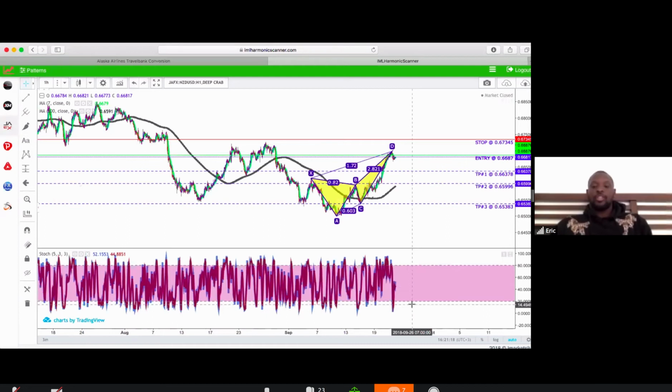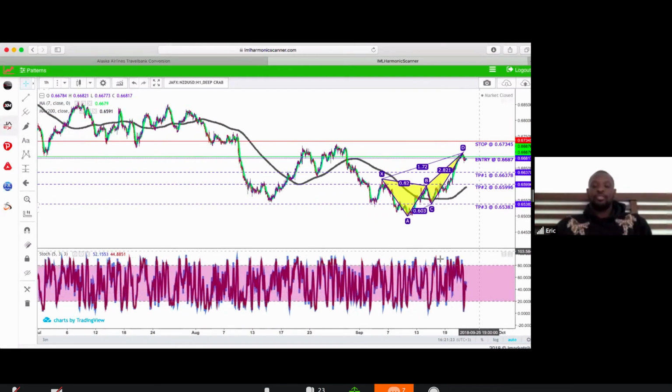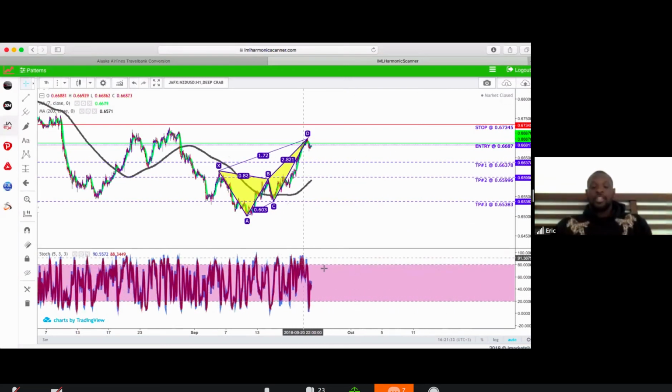So you don't want to get lost with the stochastics and think it's telling you exactly what to do. Because if it was that easy, everybody would be doing it. It's not that easy. It doesn't really mean oversold, but it is a nice indicator. It can give you some type of idea.